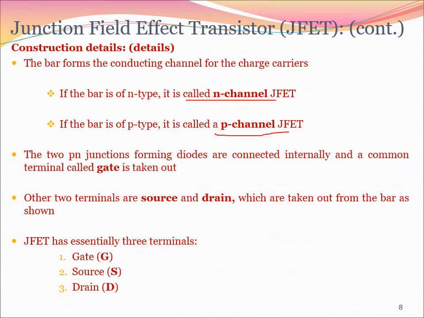There are two PN junctions forming diodes, which we call the gate terminal. Only one terminal is taken out for designing circuits. There are two gate terminals but they are internally connected, so from outside you will see only one gate terminal, and the other terminals are source and drain.